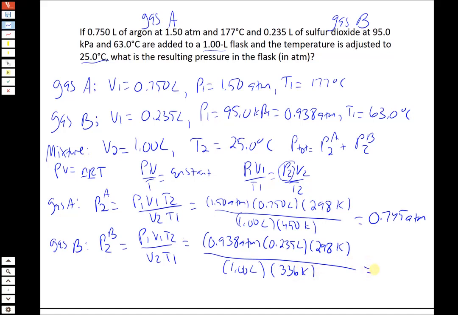Alright, and so then we're going to multiply that out and then add them together. So for gas B, the final pressure after mixing is 0.195 atmospheres. So that's the pressure of each gas individually after mixing, and then the total pressure is going to be, again, the sum of those two.